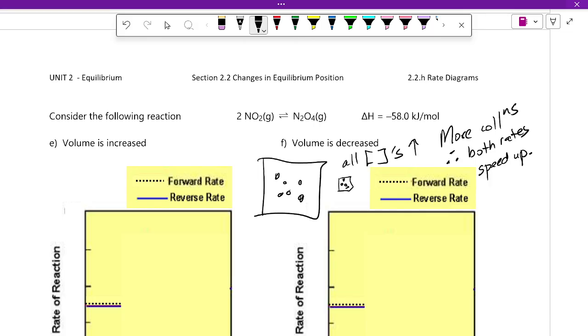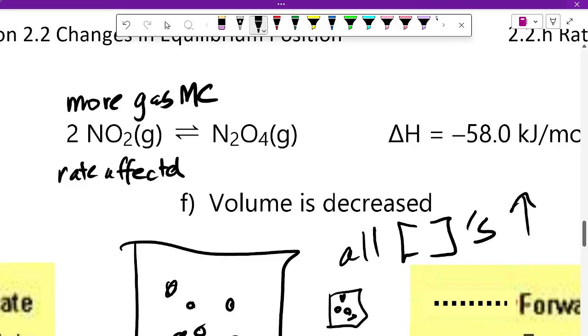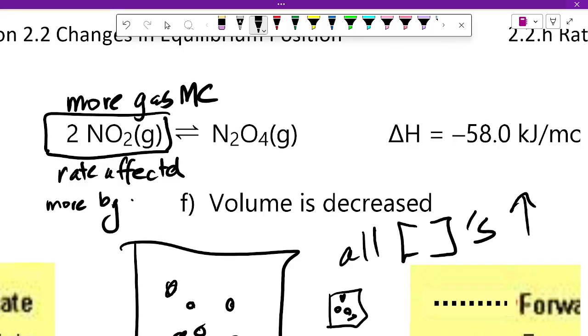Okay. So both rates speed up, but because we have more gas molecules over here, the rate is affected more by a change in volume or pressure. So both rates speed up, but the one with more particles speeds up more.